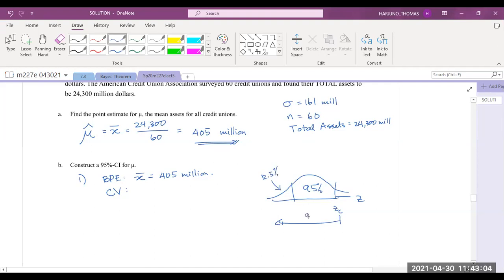So this will be 97.5%. Okay, so the critical value will be inverse norm of 0.975, and that will be 1.95996.